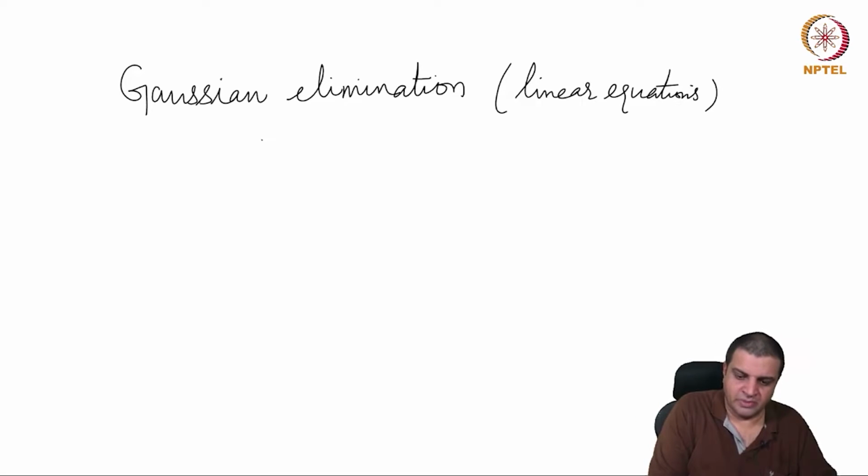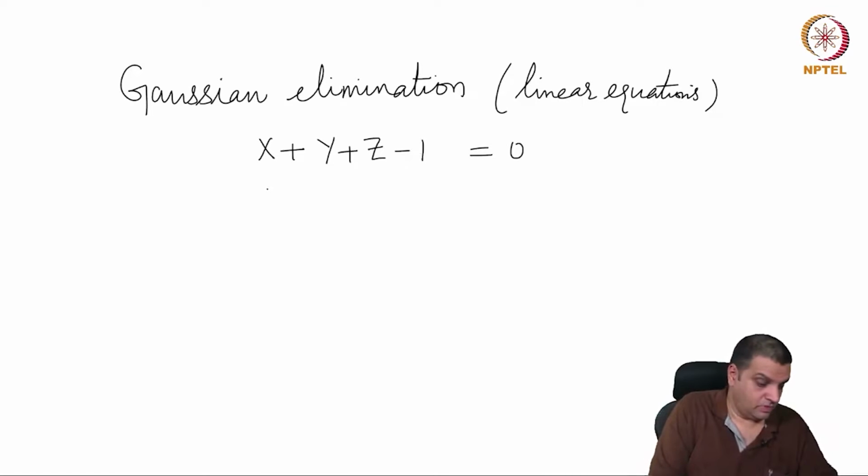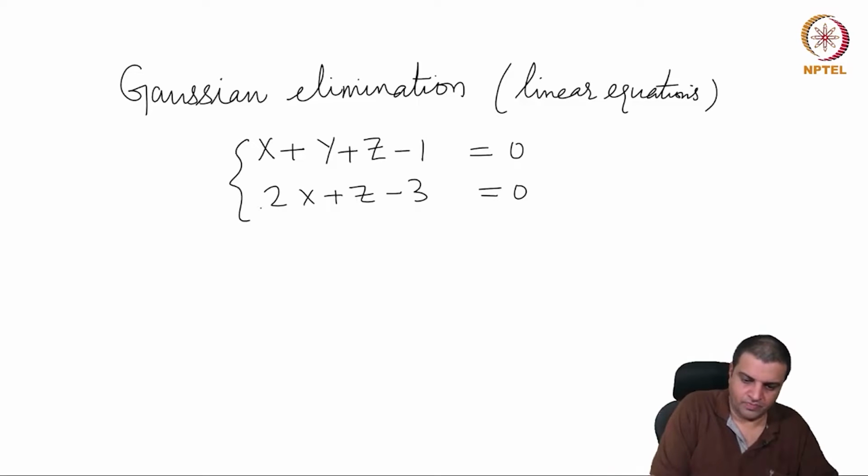Suppose this was the example that we had considered earlier. Suppose we have two equations, x plus y plus z minus 1 equals 0 and 2x plus z minus 3 equals 0. So we want to solve these things, the common solutions.